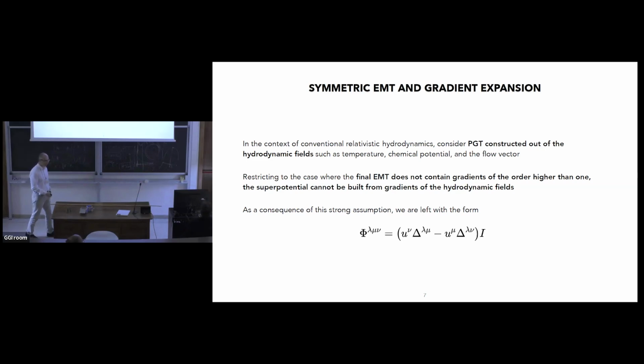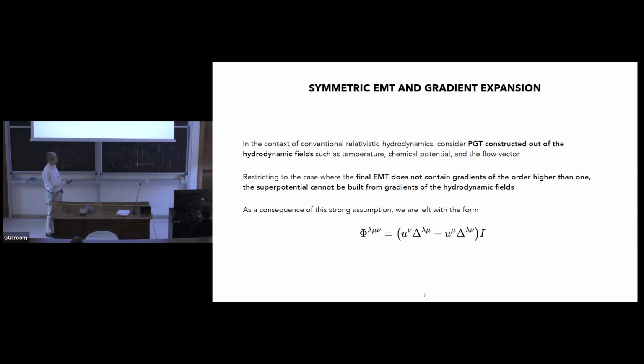Usually in the simplest case, you have the temperature, chemical potential, and flow vector. So you restrict to this case, and you also restrict the transformation in such a way that it will give you an energy-momentum tensor with up to first order gradients and not more than that.